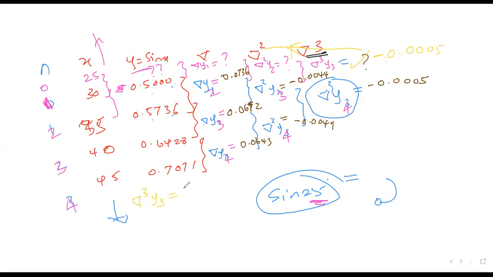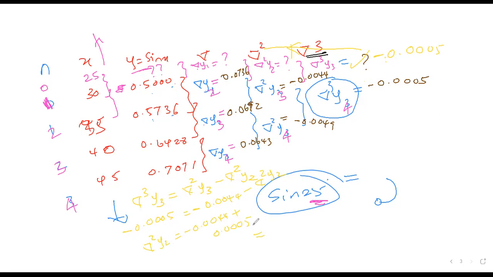Δ³y3 is equal to Δ²y3 minus Δ²y2, no? So this one I know, minus 0.0005. So Δ²y3 is equal to minus 0.0044. So what about Δ²y2? You can take this side. So Δ²y2 is equal to negative 0.0044 plus 0.0005. I'm taking this one this side, this one this side.